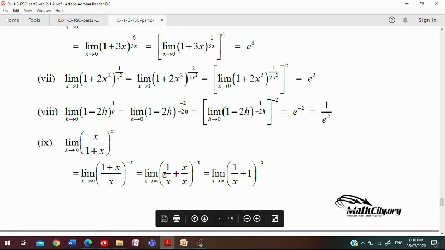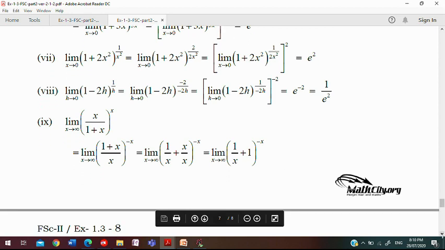So what we get is 1 by x plus x by x, power again minus x. Now limit x approaches infinity, (1 by x plus 1) whole power minus x. Now you can apply the limit, and then you can apply the theorem statement.